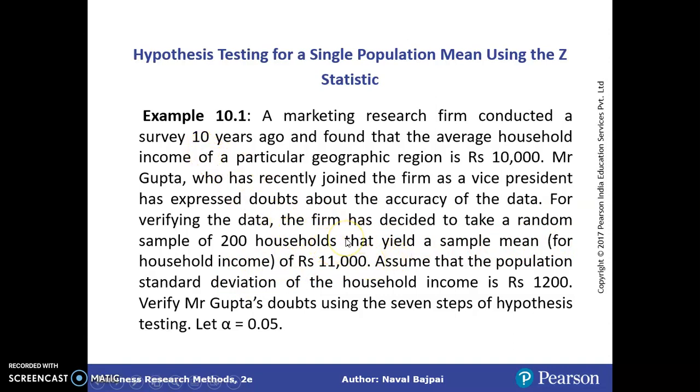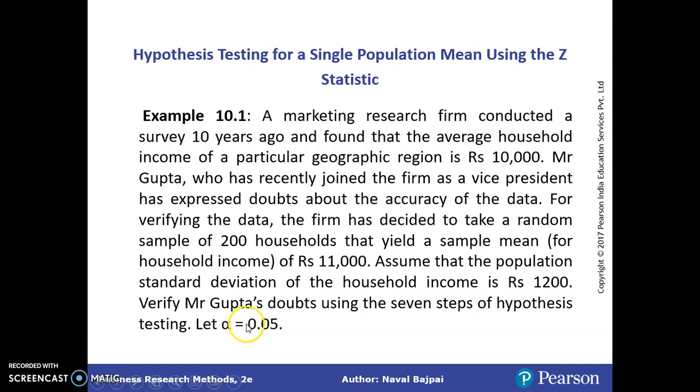So 10 years back it was 10,000. Now for a small sample of 200 households, they have calculated the mean as 11,000. Now next, assume that the population standard deviation of the household income is rupees 1,200. Verify Mr. Gupta's doubts using the 7 steps of hypothesis testing.